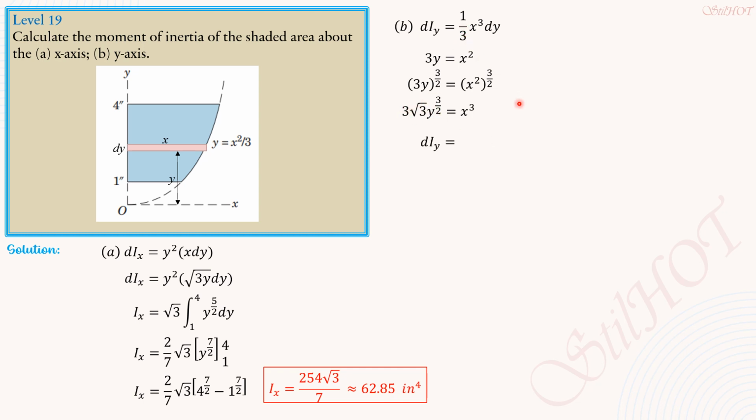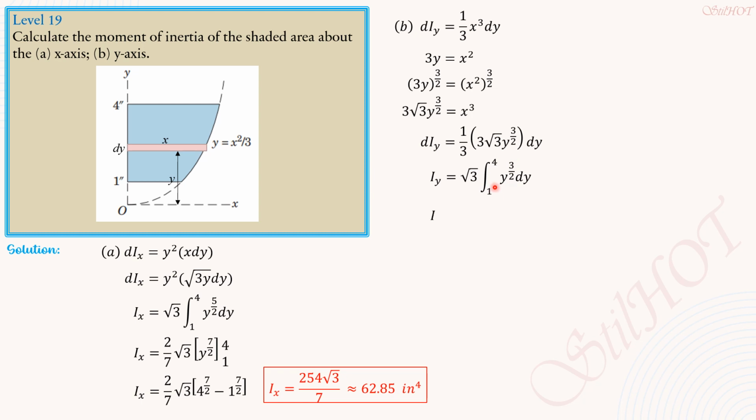Substitute here. Differential Iy is 1/3 of quantity 3 square root of 3 y to the 3 halves dy. So cancel out 3. Iy therefore is square root of 3 integral of y to the 3 halves dy from 1 to 4. Integral of y to the 3 halves dy is y to the 5 halves over 5 halves.